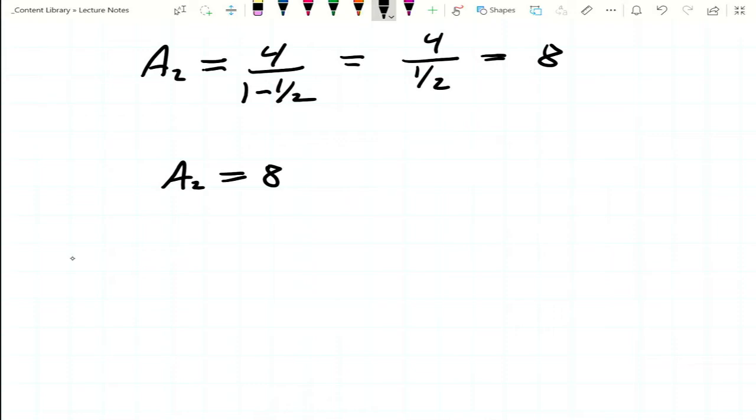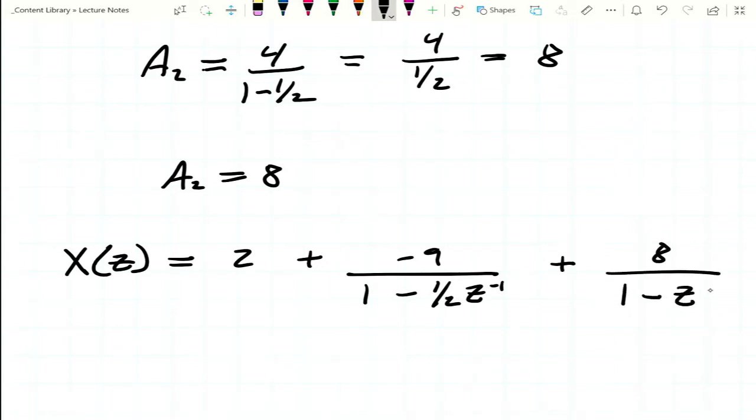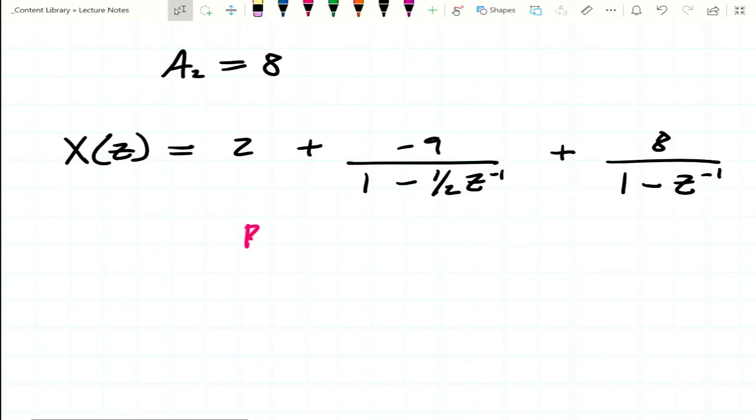And our entire simplified z transform expression here is 2 plus negative 9 over 1 minus 1 half z to the negative 1 plus 8 over 1 minus z to the negative 1. And that's the hard part. Next up, we just do it by inspection.